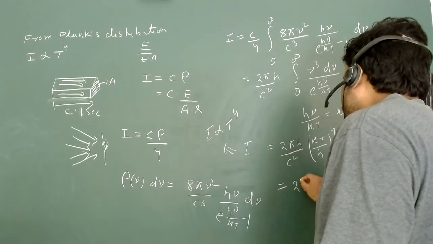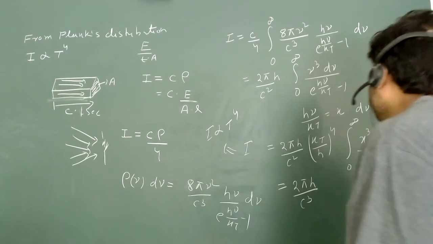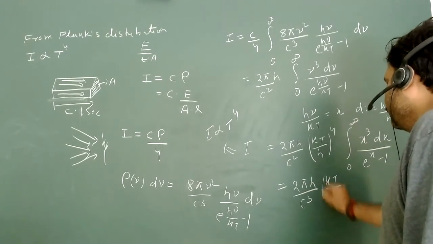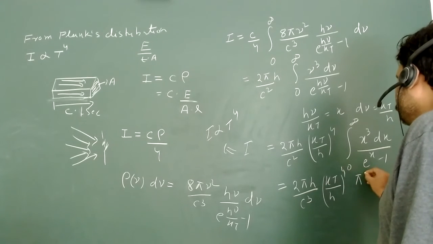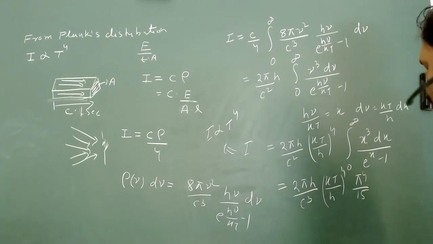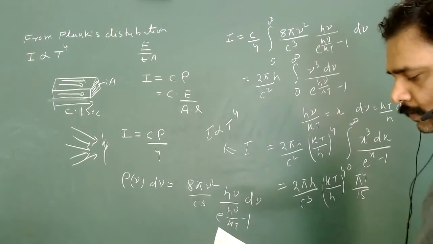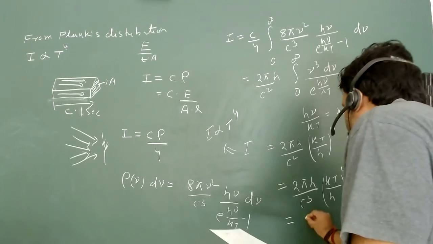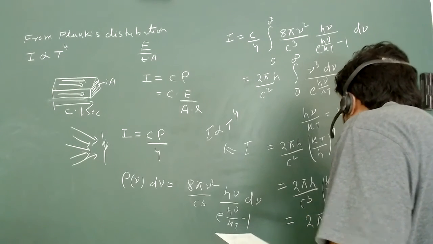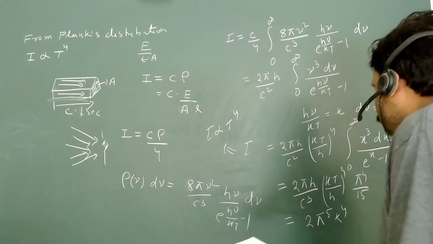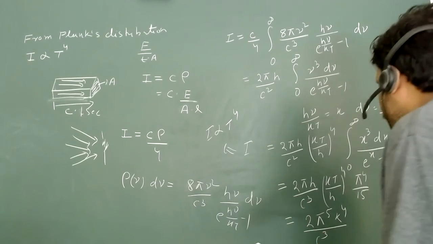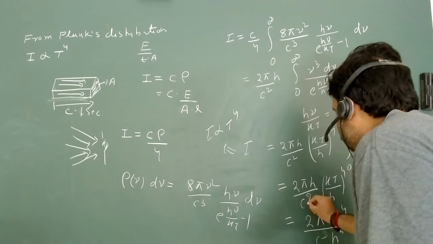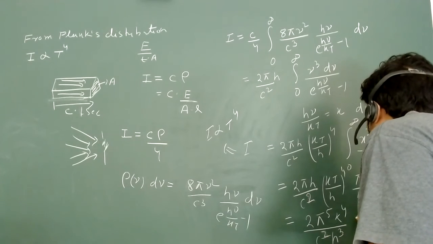This is a well-known integration that can be found in a different way, but currently I am just writing the result: kT upon h to the power 4, and the integral is pi to the power 4 upon 15. When we calculate all this, the value is 2 pi to the power 5 k to the power 4 upon c square h cube, times T to the power 4.